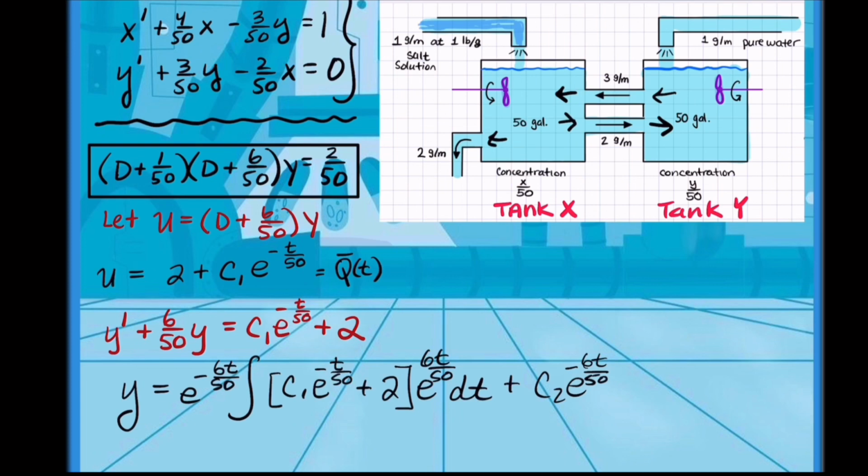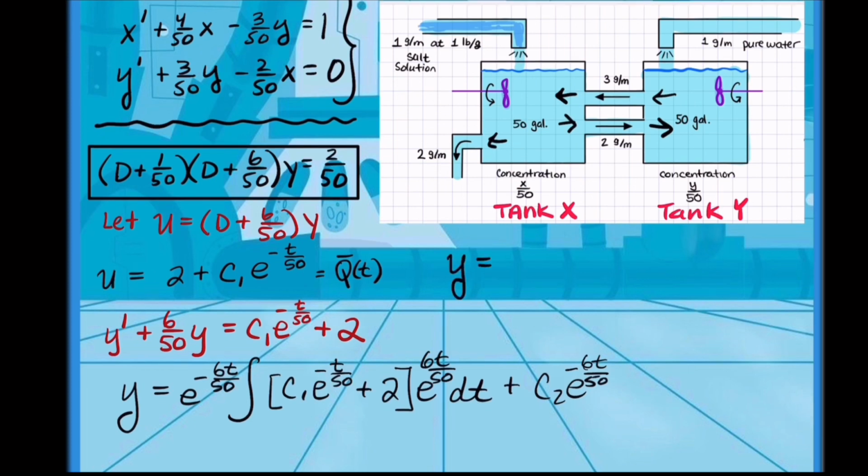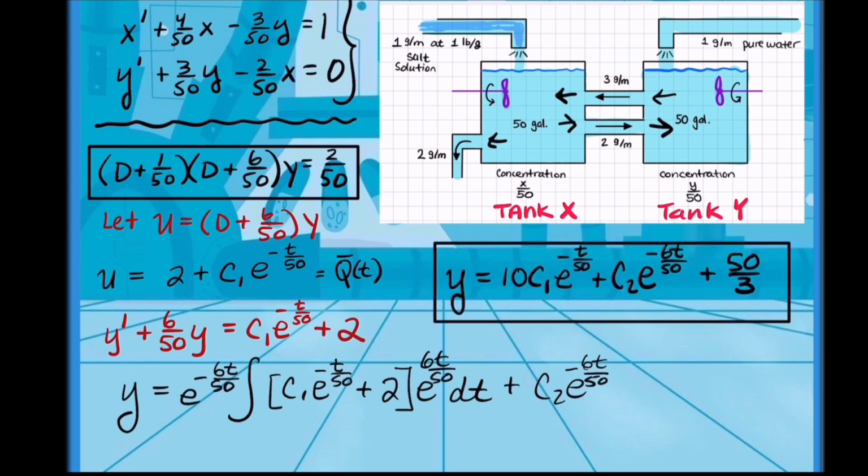And so at the end of the day, our general solution looks something like this: 10 c1 e to the negative t over 50 plus c2 e to the negative 6t over 50 plus 50 thirds. That's our general solution for our amount of salt in tank Y. And it is a function of time.